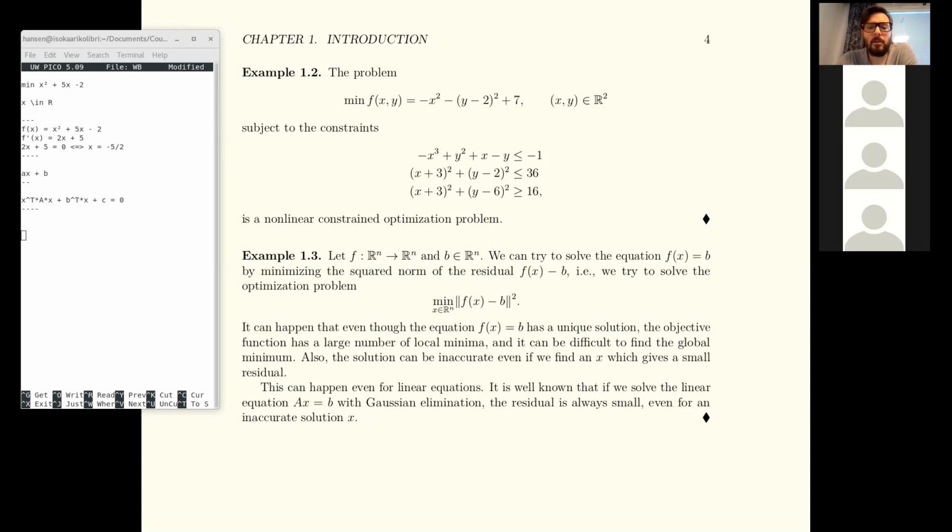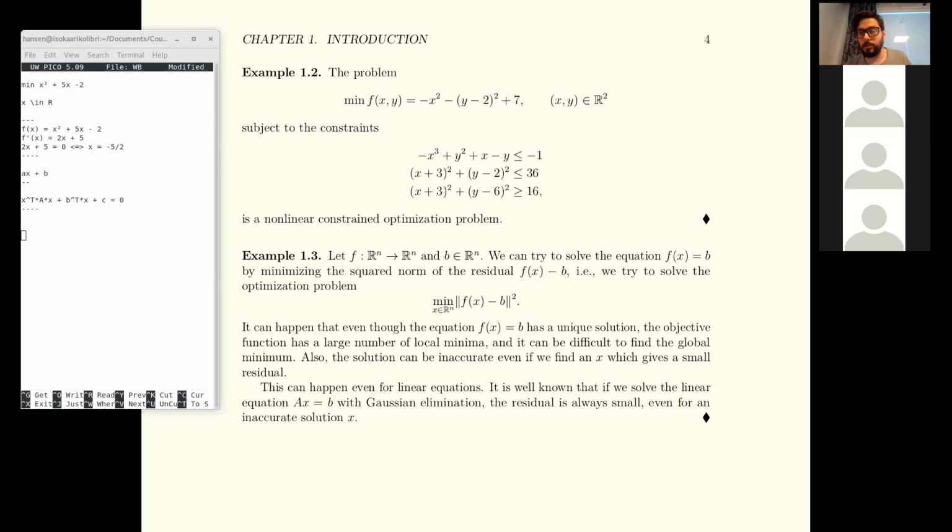And the thing is, this can even happen with linear equations. For instance, if you try to solve a linear equation AX equals B with Gaussian elimination, and this is not a full range problem, meaning A is, for instance, singular, or flat, then you will get a small residual, meaning you get an X where AX minus B is small, but the X may be really far away from an actual X that makes this true.